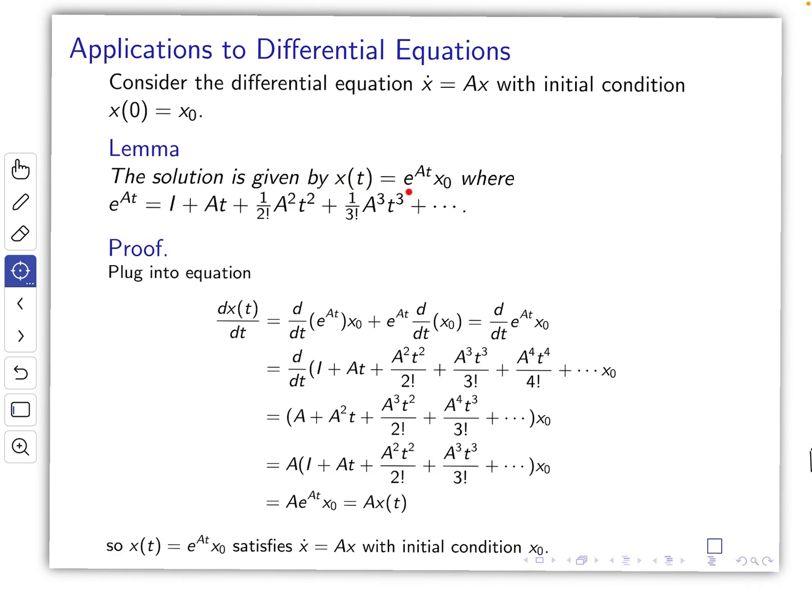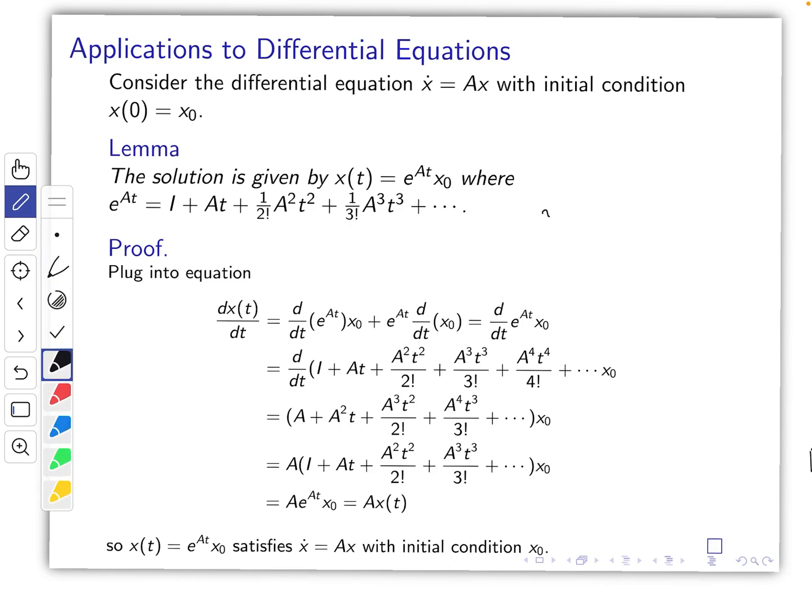The claim is that the solution is e to the matrix At times x naught, where e to the matrix At is I plus At plus 1 over 2 factorial A squared t squared, and so on. Recall the scalar case: e to the little at is 1 plus at plus 1 over 2 factorial a squared t squared plus 1 over 3 factorial a cubed t cubed, plus dot dot dot forever.